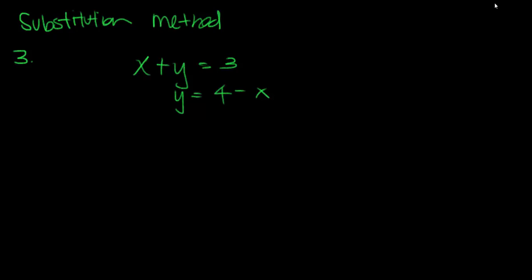In our third example, using substitution method, we have x plus y equals 3 and y equals 4 minus x. And just for a moment, I want to talk to you about substitution with a different problem. What if we had x plus y equals 5 and we knew that y equaled 3?